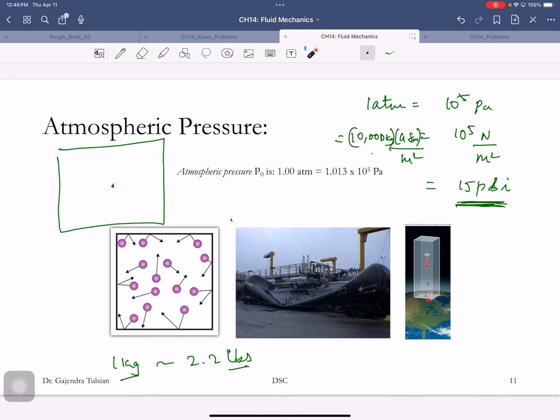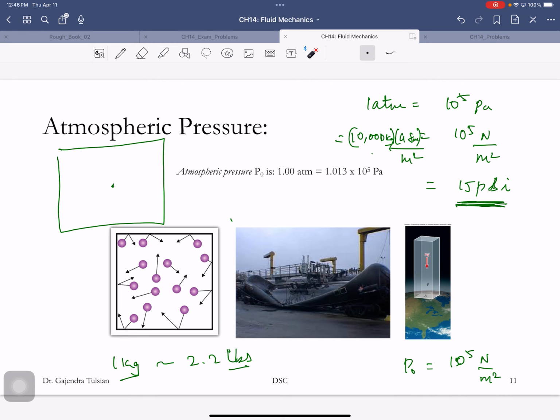You can think of pressure as also the weight of a column of air all the way to space of unit area of cross section, 1 meter square. So when we say atmospheric pressure is 10 to the power 5 newtons per meter square, if you take a meter square, this column of air all the way to space weighs that much, 10 to the power 5 newtons.